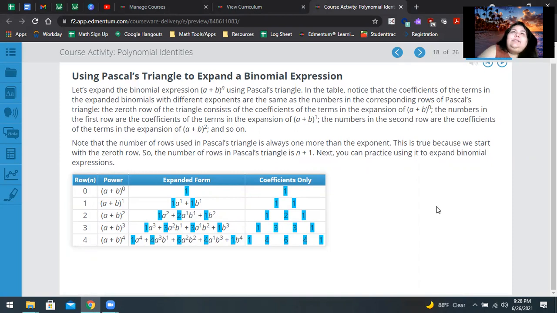This will help us expand if we know the row that we're using. And then what we're going to do is expand it. Now remember that idea about the variables, that the first term variable starts out with the highest power and then it starts to decrease. The second term variable will start with 0 and then it starts to increase until we get to the highest power that it is set up to.